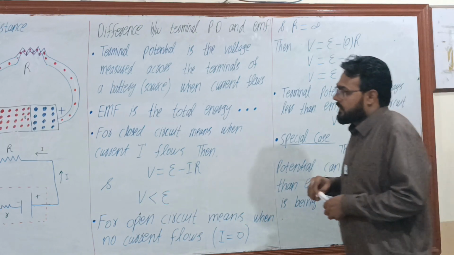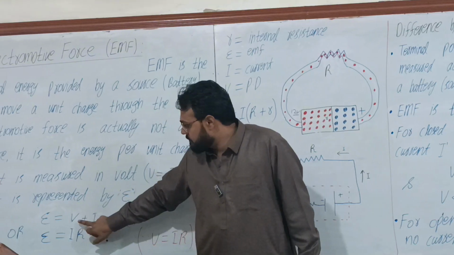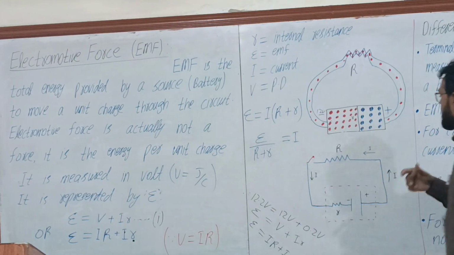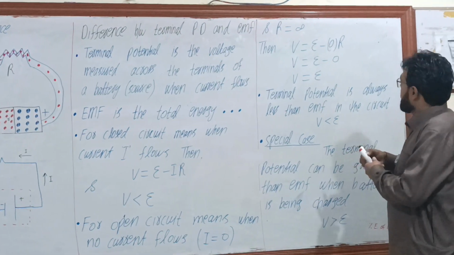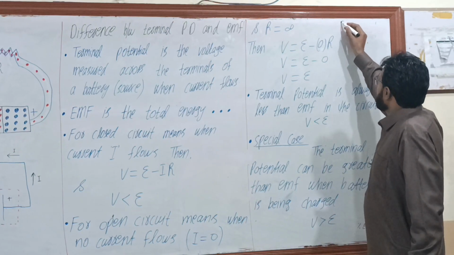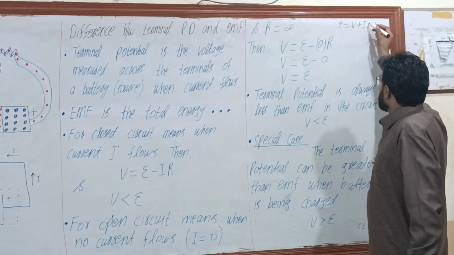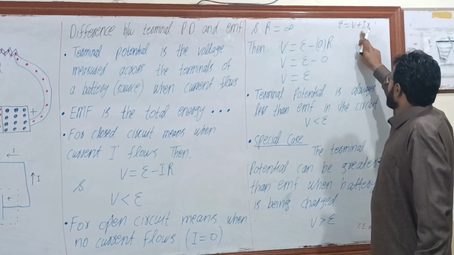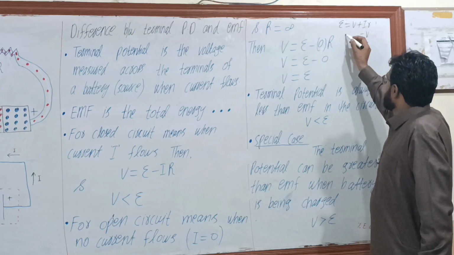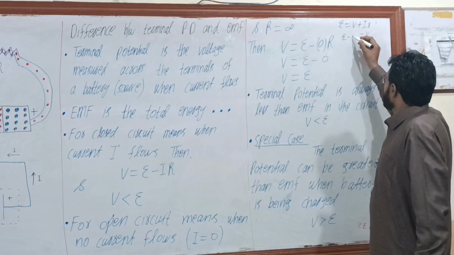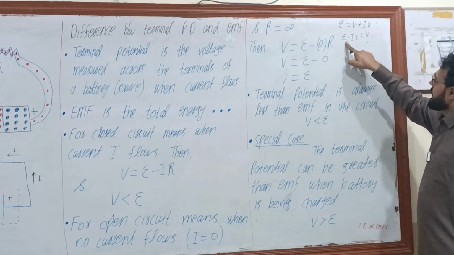So, as you know, EMF is equal to terminal voltage plus Ir, the energy lost inside the source. So, IR will move to the left side with a minus sign.